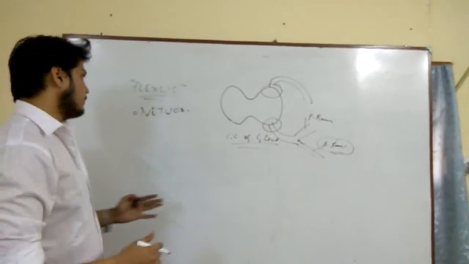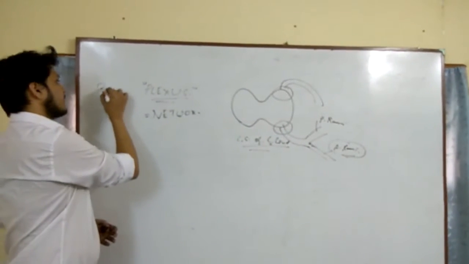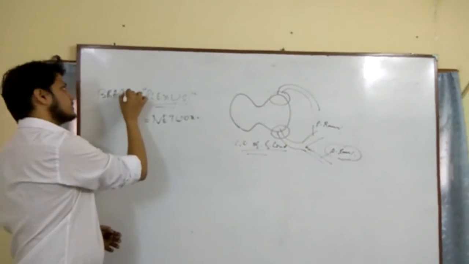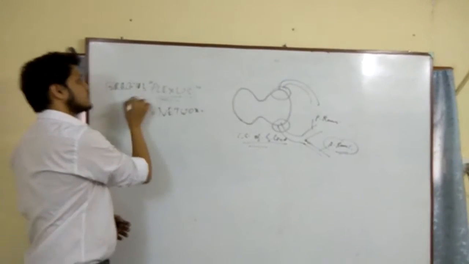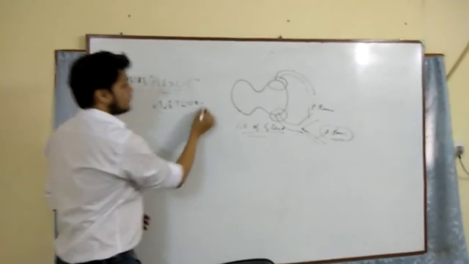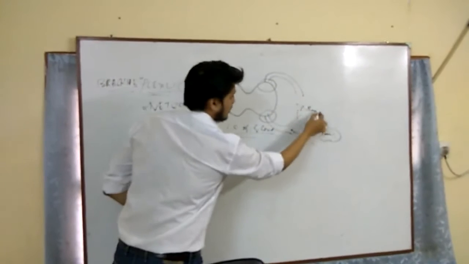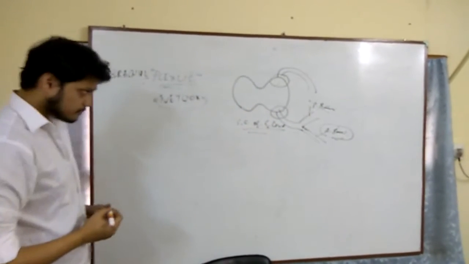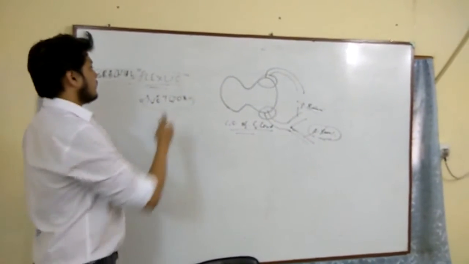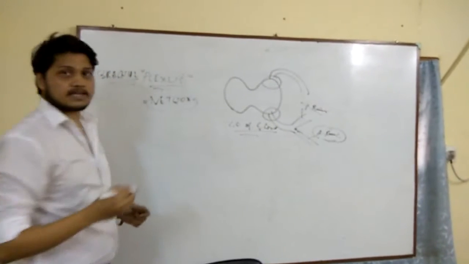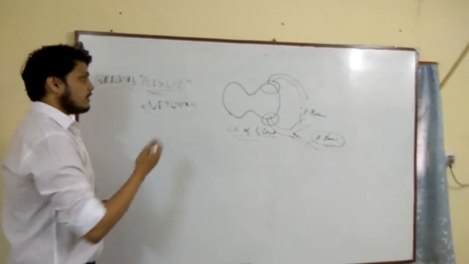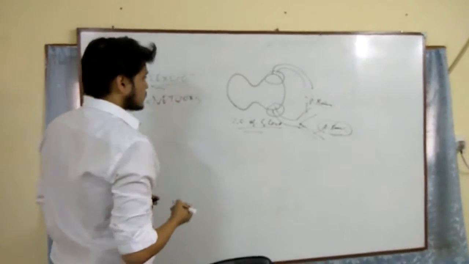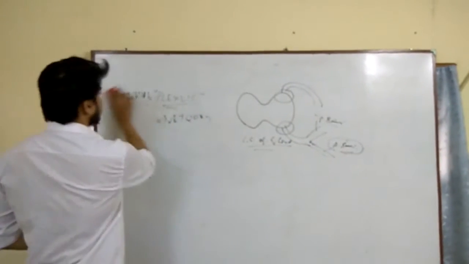So be it a brachial plexus, a cervical plexus, a sacral plexus, or a lumbar plexus, it's always a network of the anterior rami, not the posterior rami. So this is a brief idea of what we mean by the word plexus. Now, going further, we will start with the topic brachial plexus.